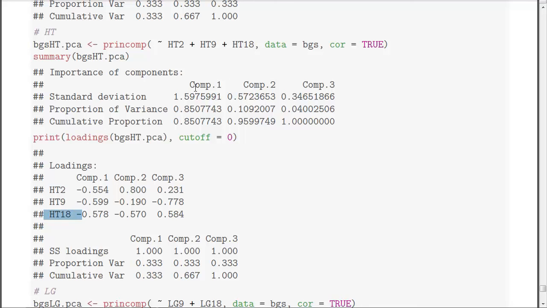That's the first component, and that explains 85% of the variability. If you add a second component, you get 10% more, and you're up to 96% of the variability. That's the difference between being short when you're young but then having a growth spurt and being tall, or starting off long but not growing very much once you hit adolescence. That contrast.